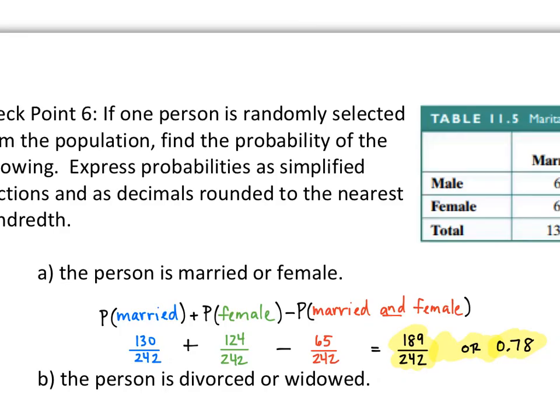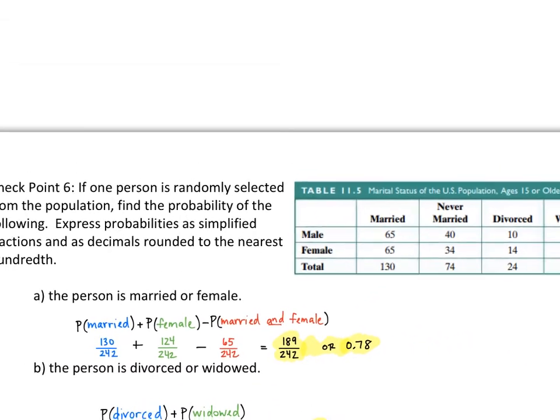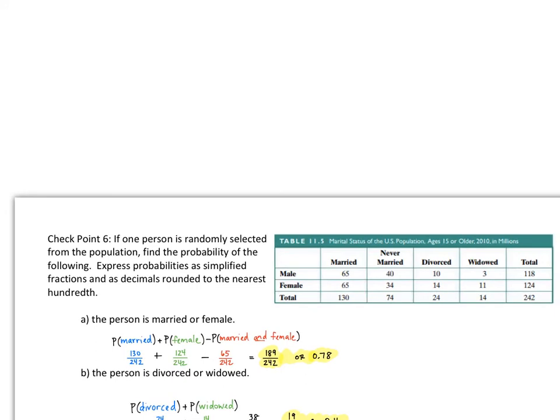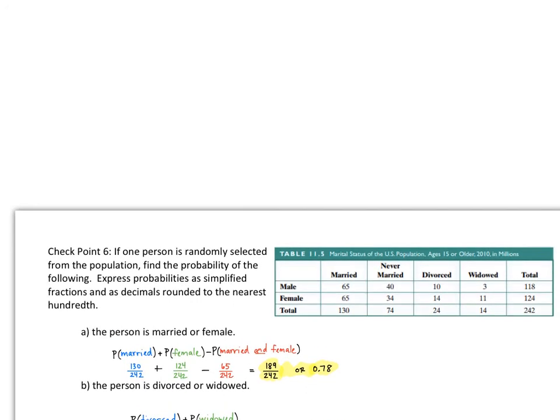Okay, so what I did was I found the probability of those that were married, plus the probability of being a female, and then I subtracted the married and female. So the probability of being married was 130 out of 242, looking at our table. The probability of being a female is 124 out of 242.